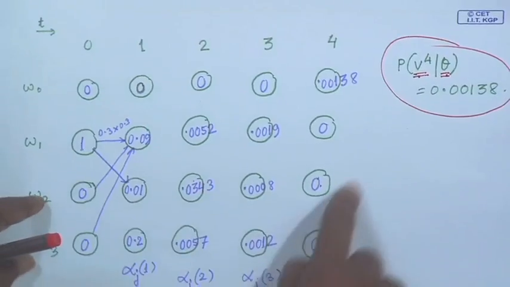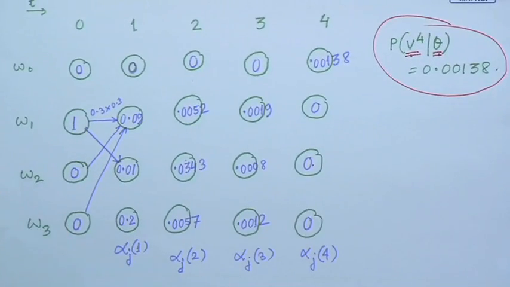If I try to find this most probable sequence of hidden states, I can simply say that at every time step, I only consider that state which is most probable.